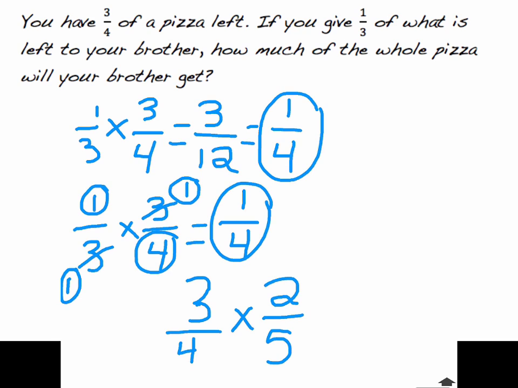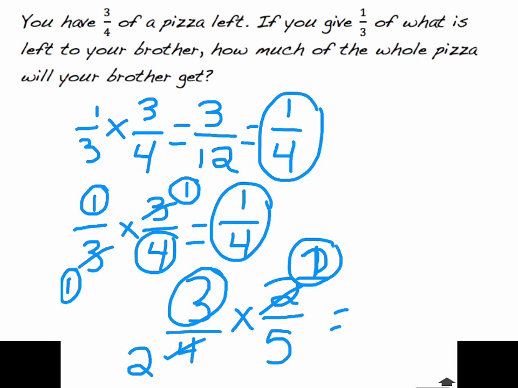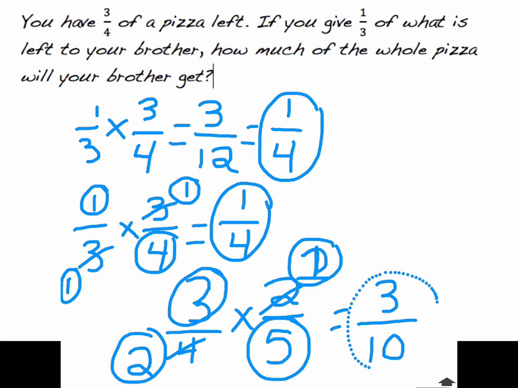There is a number that can go into 2 and 4 evenly, and that would be 2. 2 goes into 2 one time, and then 2 can go into 4 2 times. So this is a 1 over here. So I have my 3 times 1, which is 3, and my 2 times 5, which is 10.